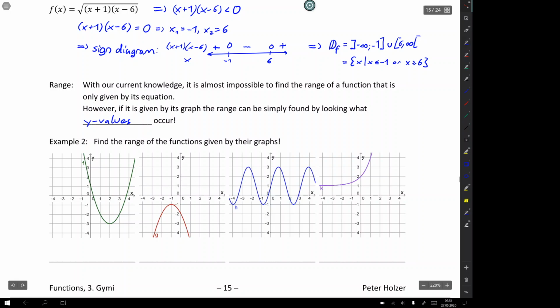So from that we see that the lowest y value that occurs here is obviously -3. So all y values that occur are from -3 to infinity, and we get that the range is -3 to infinity.